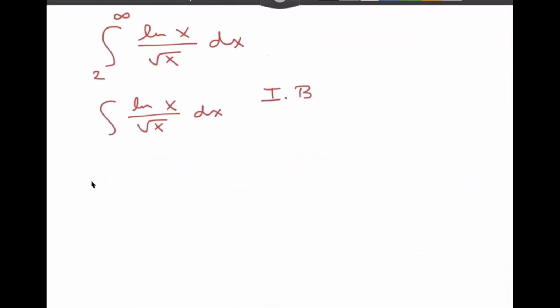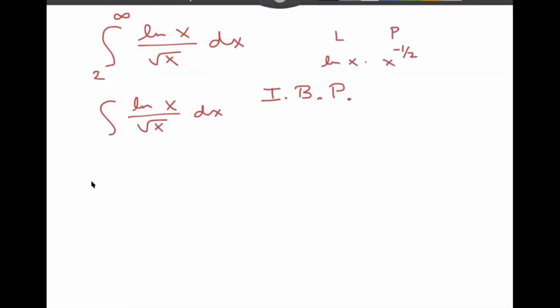Integration by parts. Okay, so think of this as natural log x times x to the negative 1/2. Natural log x is a logarithm. x to the negative 1/2 is not technically a polynomial, but it acts like one.